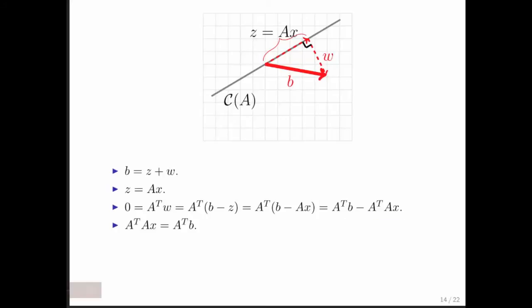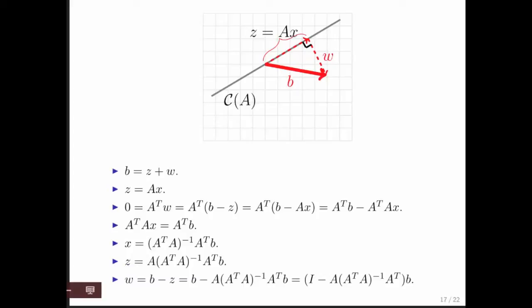That then leads to this right here, and that leaves us with this, which we call the normal equation, and then we can multiply both sides by the inverse of the matrix A transpose A, and then we can solve for what the coefficients are for our linear combination, and then we can take the linear combination of the columns of A to give us our vector Z, that is the projection of B onto the column space of A. And finally, if we want to, we can compute W, the vector orthogonal to that space, as B minus Z, and if you work it out, this is the matrix that projects onto the space orthogonal to the column space of A. And this is all under the assumption that A actually has linearly independent columns, which we're going to implicitly assume for the rest of this week.